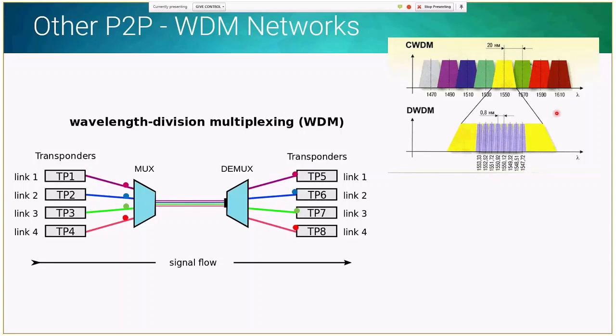What is the difference between the CWDM and the DWDM? The C stands for coarse, so you would have a little bit more space, and the D stands for dense. So the name is directly related with the spacing between channels.